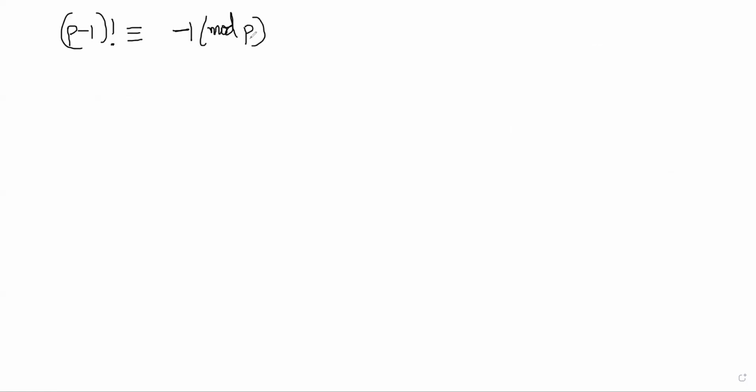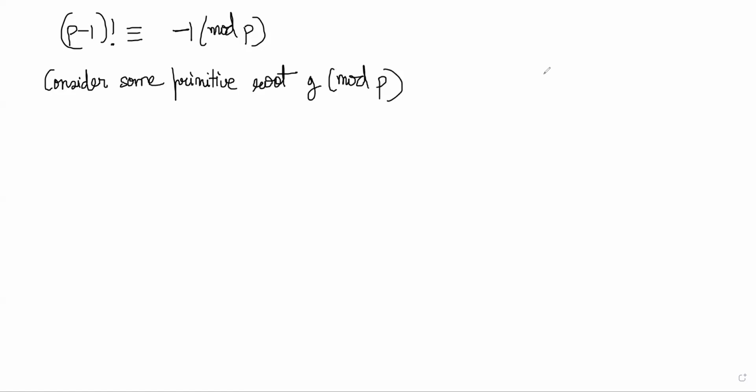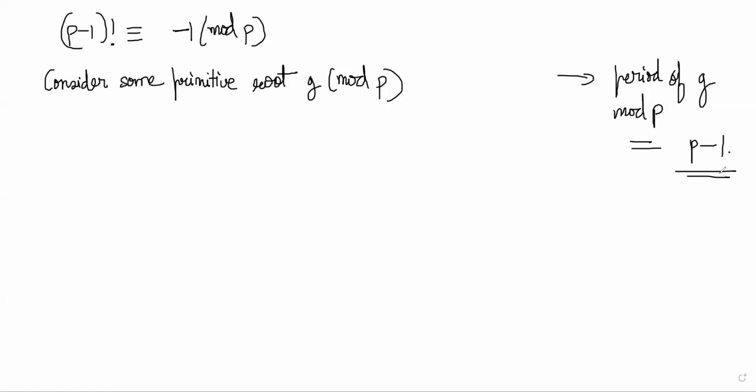Now what we can do here is consider some primitive root g modulo p, and by the definition of a primitive root, we know that the period of g mod p is equal to p minus 1, right?